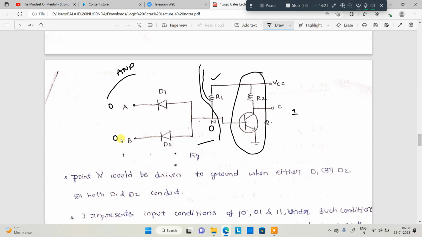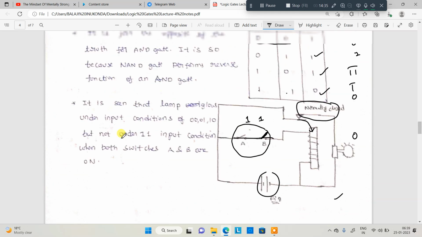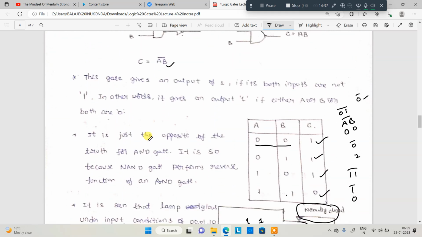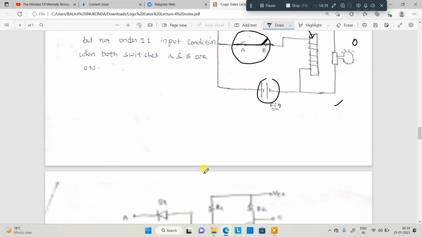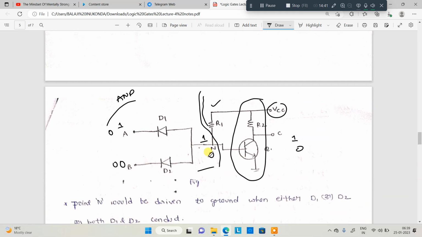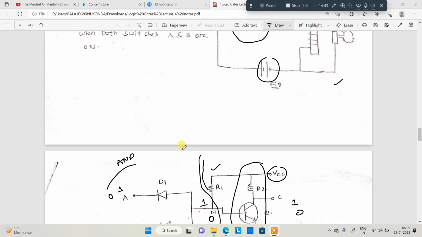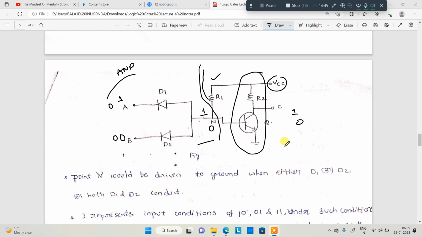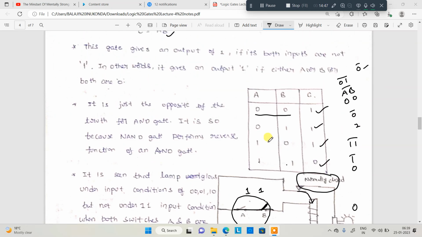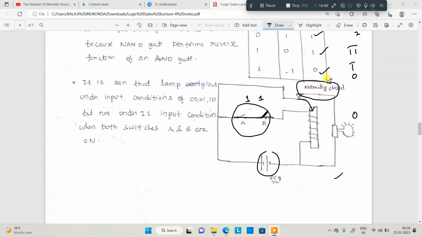Next, in the remaining cases, when any input is 1, the diode conducts. That means this 5 volt is dropped across here, and you will get 1 here. That 1 is connected to the inverter, and you will get 0. So whenever both the inputs are 1, only then will you get 0.